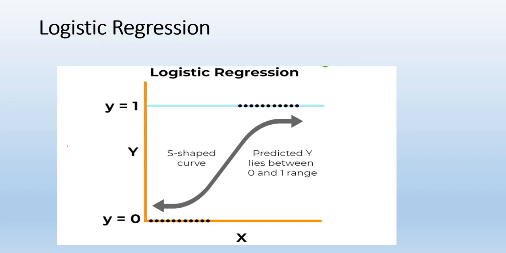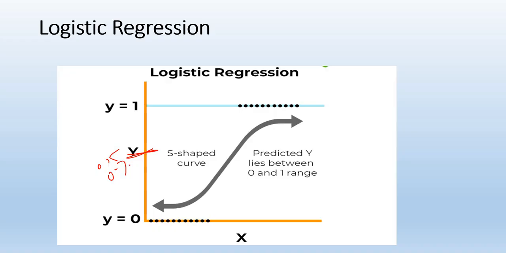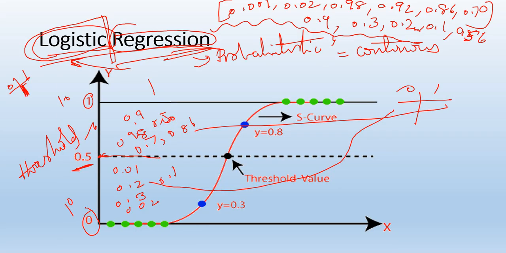Here also it is the same: it is an S-shaped curve, with y equal to 1 and y equal to 0. It sets a threshold value, which may be 0.5 or 0.7, whatever it is. The values above the threshold are treated as 1, and below the threshold as 0. Like that, the logistic regression algorithm works. So this is the logistic regression algorithm.